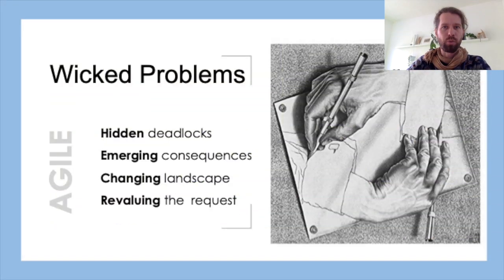So, in essence, what Agile was addressing is what we know as a wicked problem. A wicked problem is known for the fact that you only fully understand the problem when you have the solution. So the experience itself is inherently creating some information you don't have beforehand.